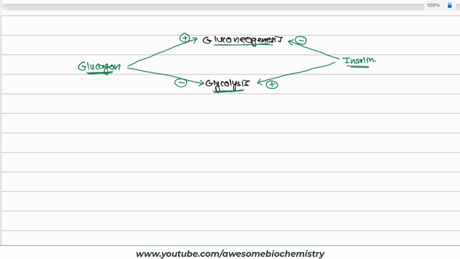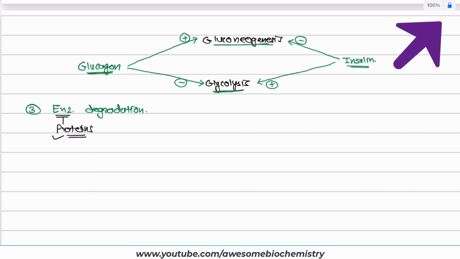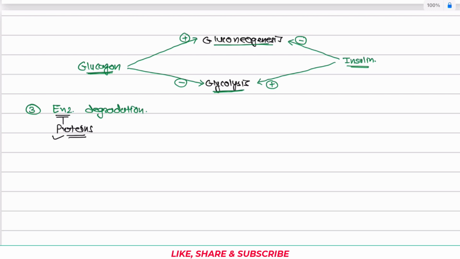Now, let us talk about the third mechanism, which is the regulation of enzyme degradation. See, we know that all enzymes are proteins, and we have already discussed how proteins are degraded. If you don't know how proteins are degraded, you can visit my previous video and the link is given in the I button. Now in case of enzyme degradation, certain molecules or substances are there which can stabilize the enzyme.